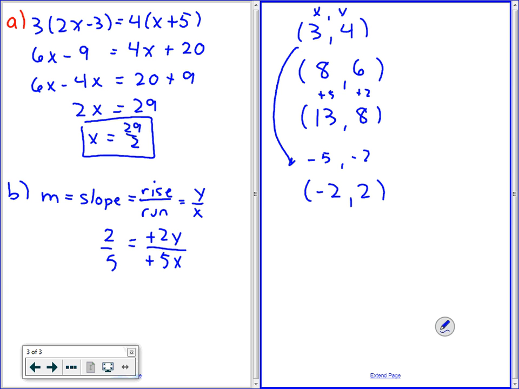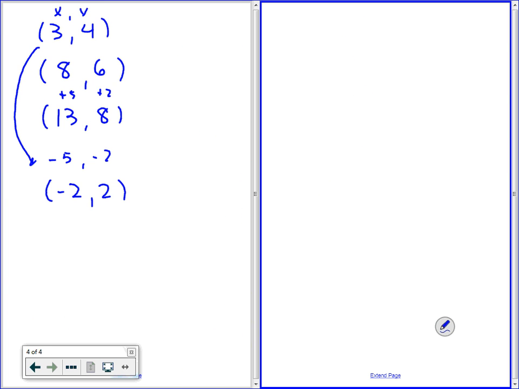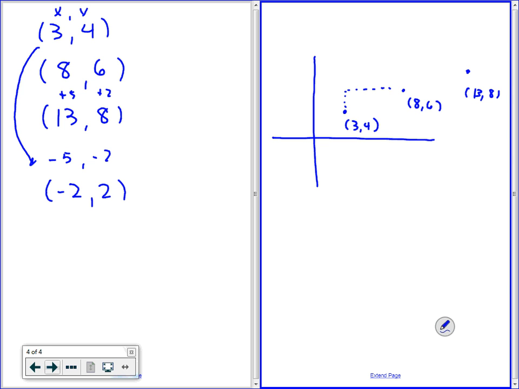Just imagine that the whole idea is that we're getting into graphing this stuff, right? So all I'm saying is I have a point on my graph, which is (3, 4). My next point's going to be (8, 6). My next point over here is going to be (13, 8). Right? So all of those, what I did was I went 5 this way and I went 2 this way.